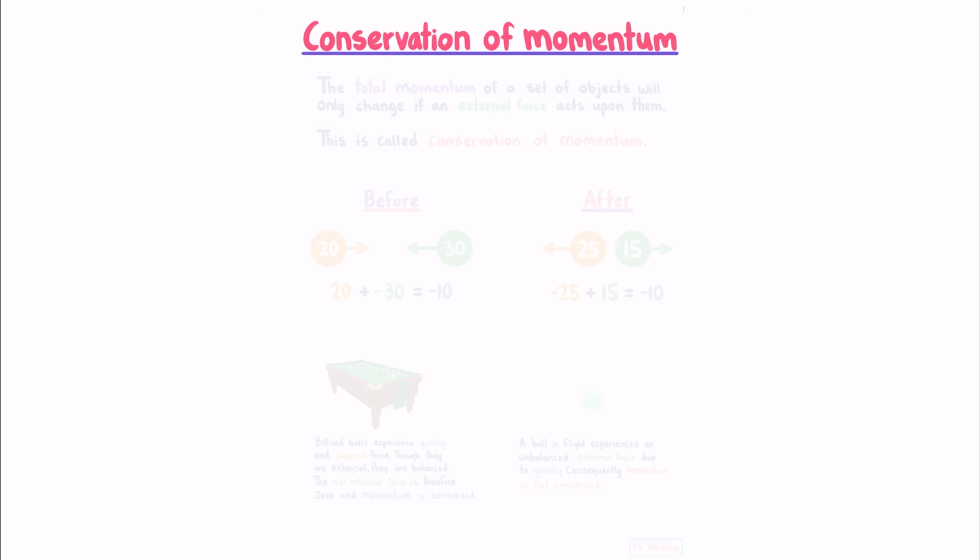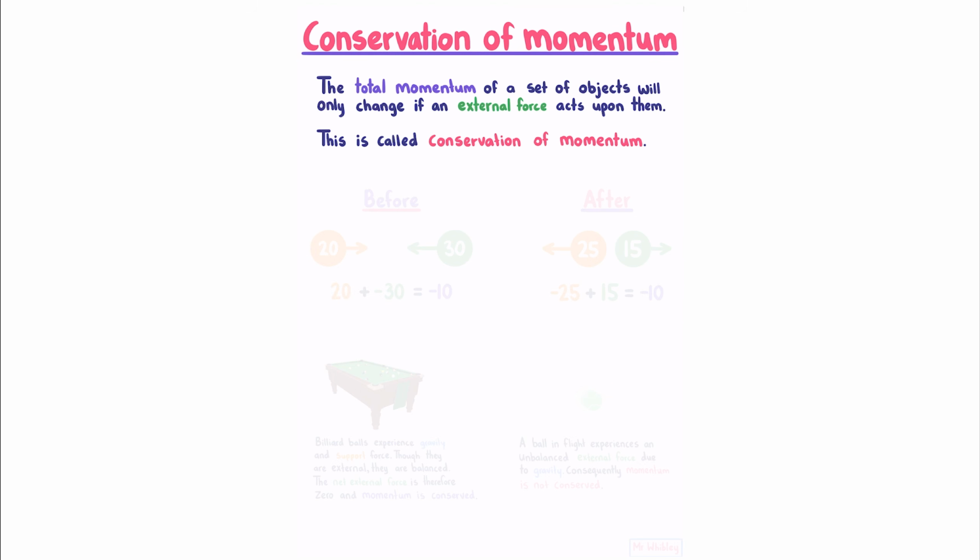Conservation of momentum. The total momentum of a set of objects will only change if an external force acts upon them. This is called conservation of momentum. For example, if before we have an orange ball with a momentum of 20 towards the right and a green ball with a momentum of 30 towards the left, if we define this direction as our positive direction and add these momentums together, that gives us positive 20 plus negative 30, which gives us negative 10.